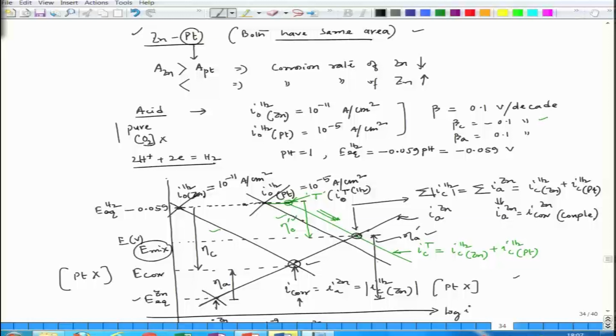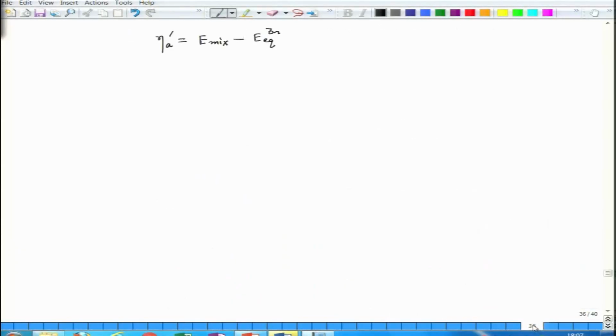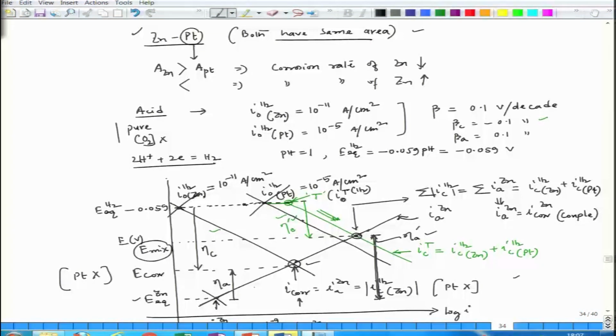So, I am considering this much polarization equal to beta A log of I_A divided by I_0 zinc over the zinc surface. We are considering this line.